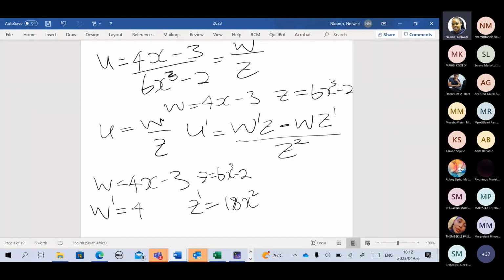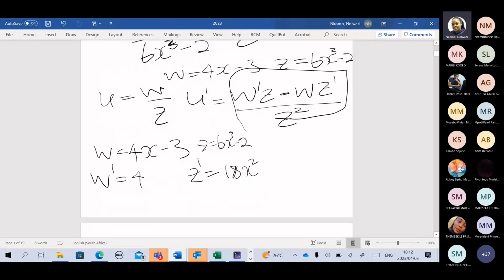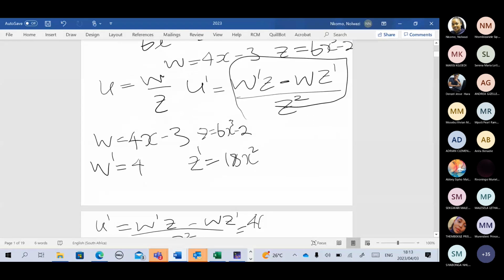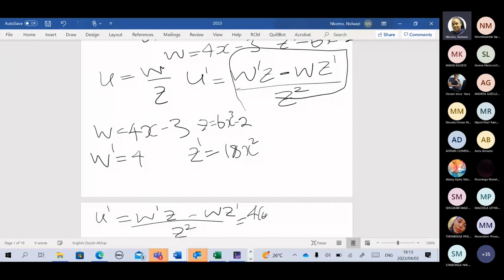Okay, we said u prime is equal to w prime times z minus w times z prime, over z squared, right? We have w prime equals 4, and z equals 6x cubed minus 2, minus w.